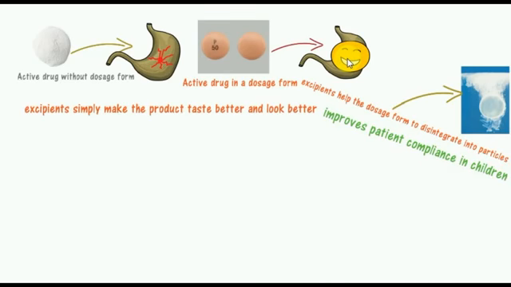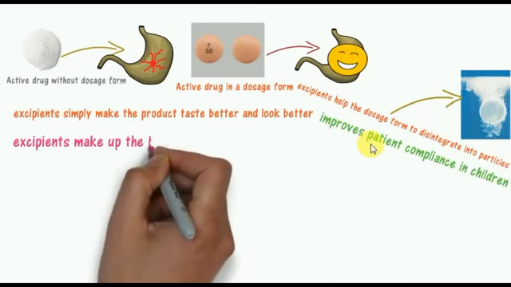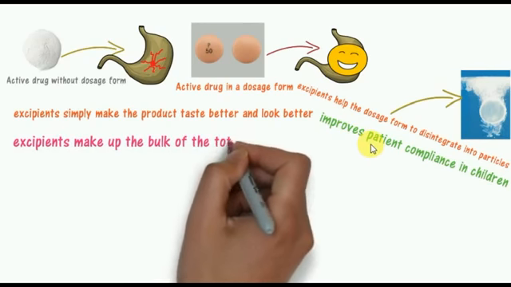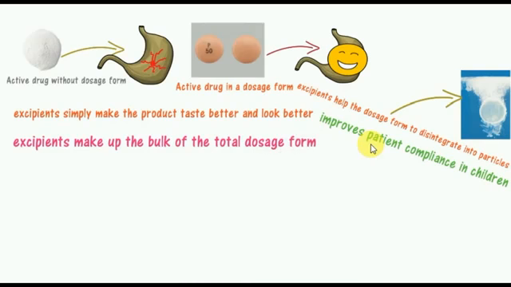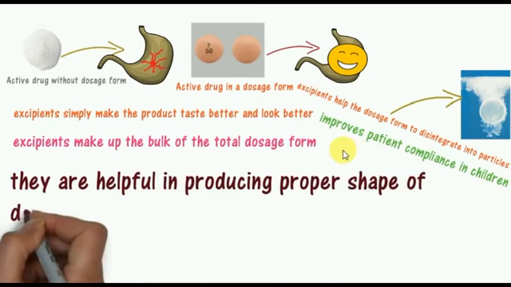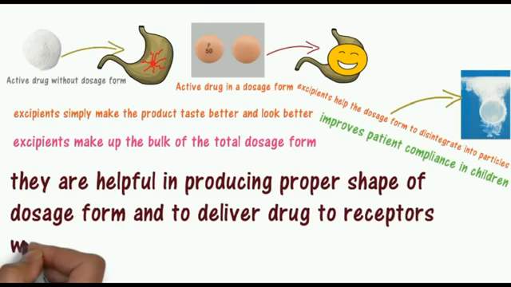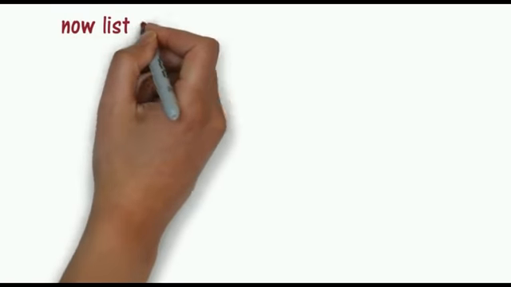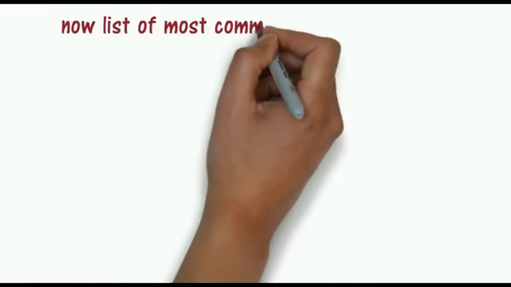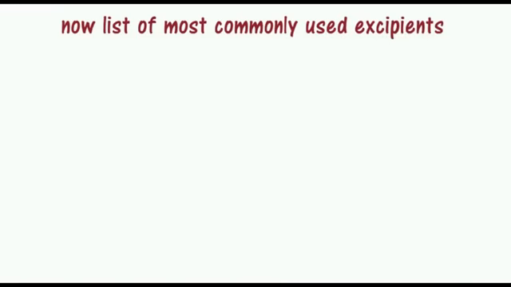They also improve patient compliance, especially in children, by giving the dosage form a better taste. Excipients make up the bulk of the total dosage form. They are helpful in producing the proper shape of a dosage form and to deliver the drug to the receptor in the body where they act. Now, the list of most commonly used excipients in a dosage form.